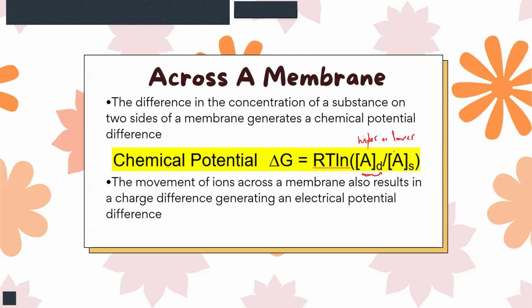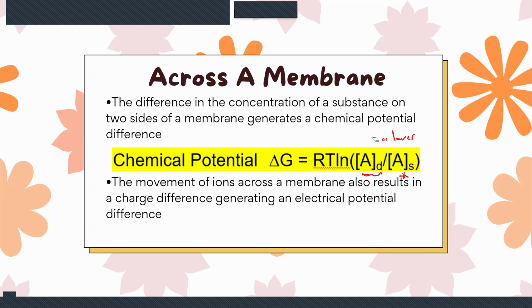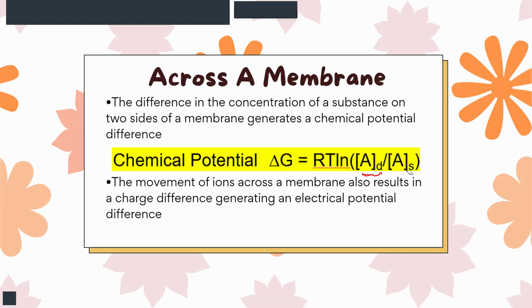Simple question. Now, we compare that to the source. Whenever you say higher or lower, you're comparing these two places. Is it higher in the cytosol or in the extracellular space? And is it lower than that? So this is our way of evaluating, well, is this energetically favorable? Is this spontaneously going to happen?